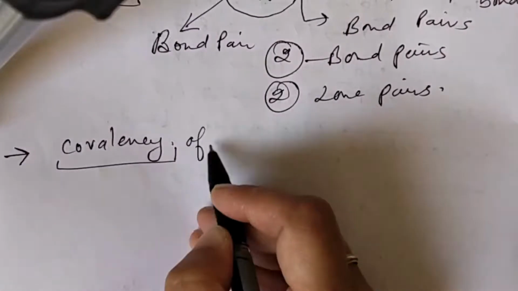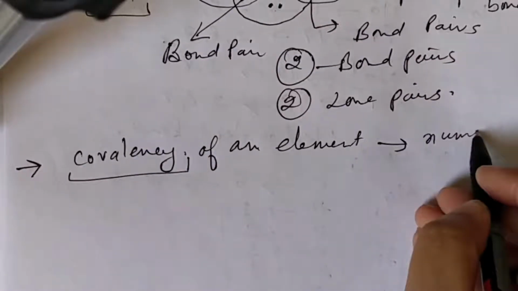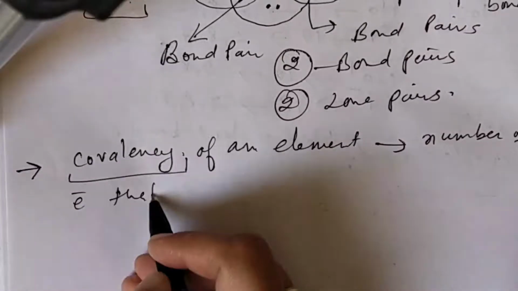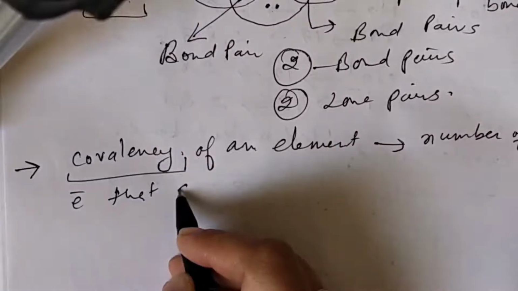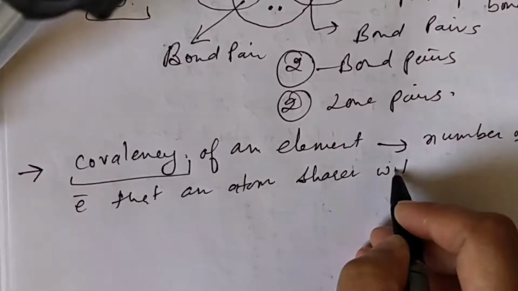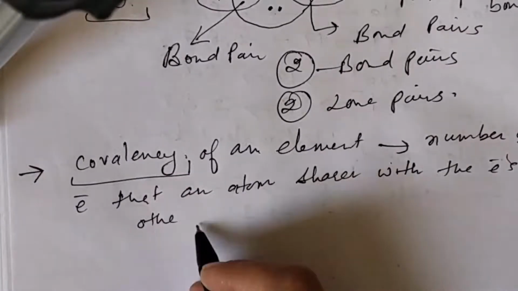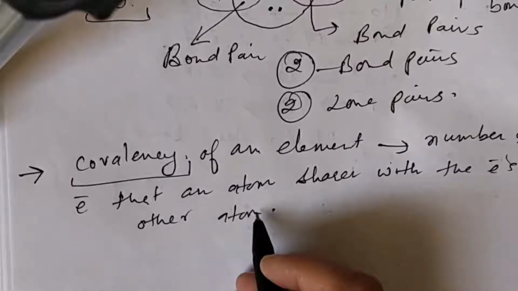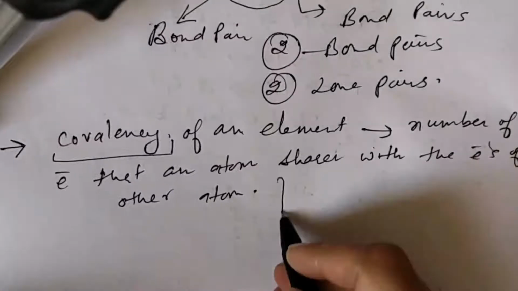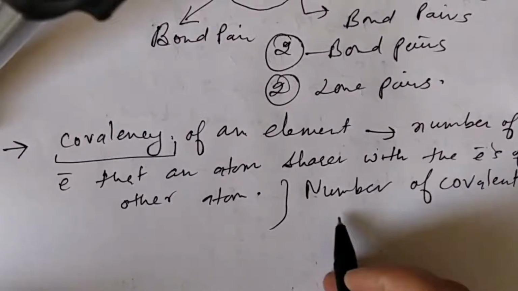Covalency of an element may be defined as the number of electrons that an atom shares with the electrons of another atom. In other words, to make it a little simpler, the number of covalent bonds is called its covalency.